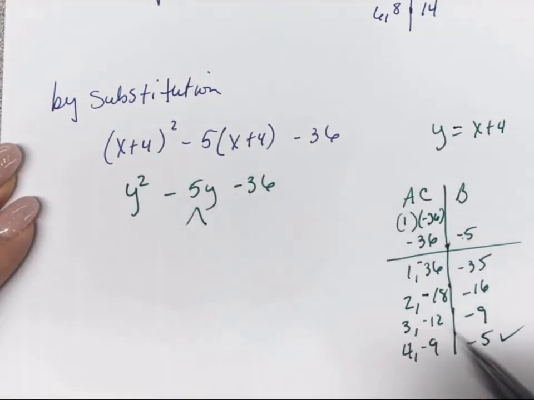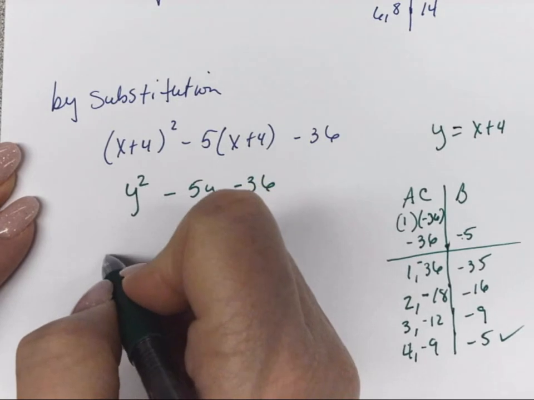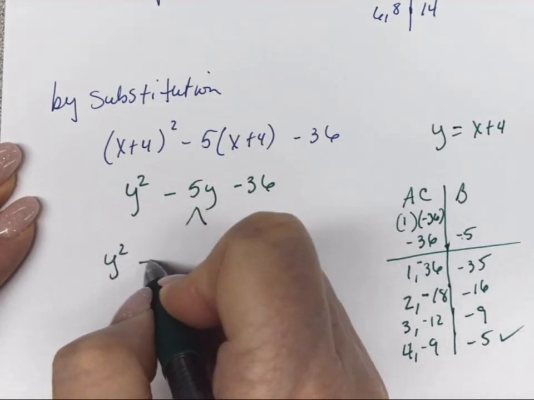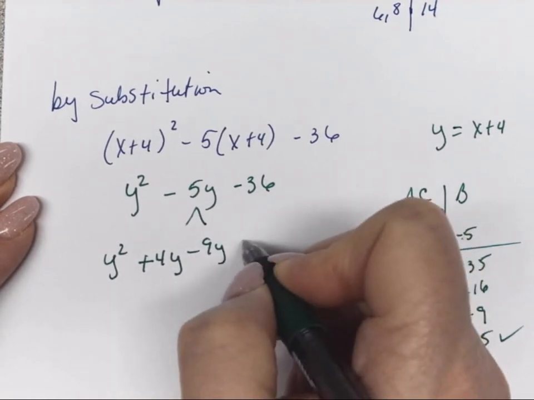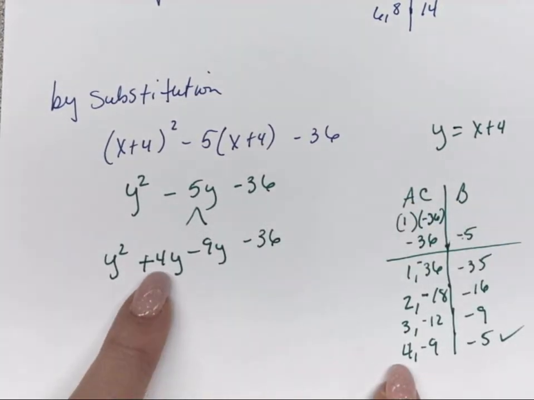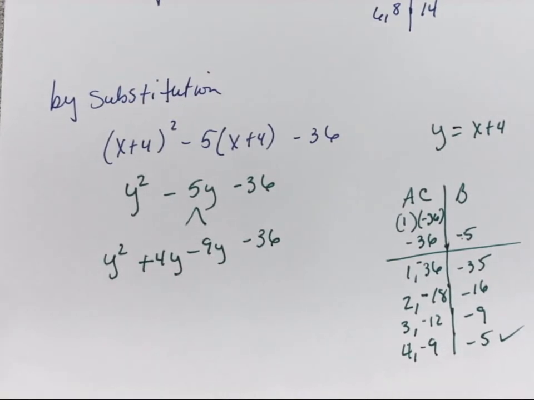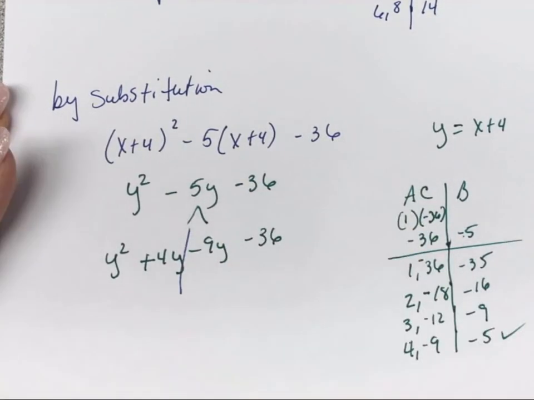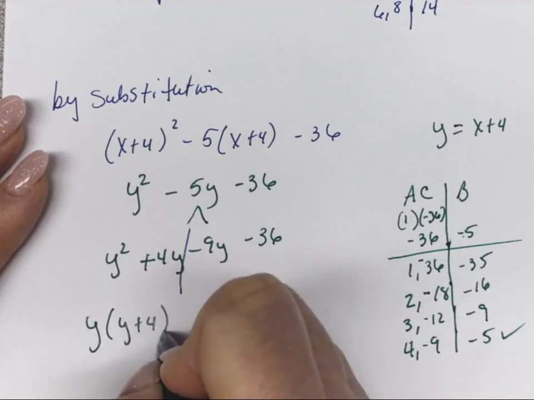So now I'll rewrite negative 5 as positive 4 and negative 9. So y squared plus 4y minus 9y minus 36. And again, whatever the signs are, that's what you put up here. Okay, factor by grouping. We can factor out a y and get y plus 4.